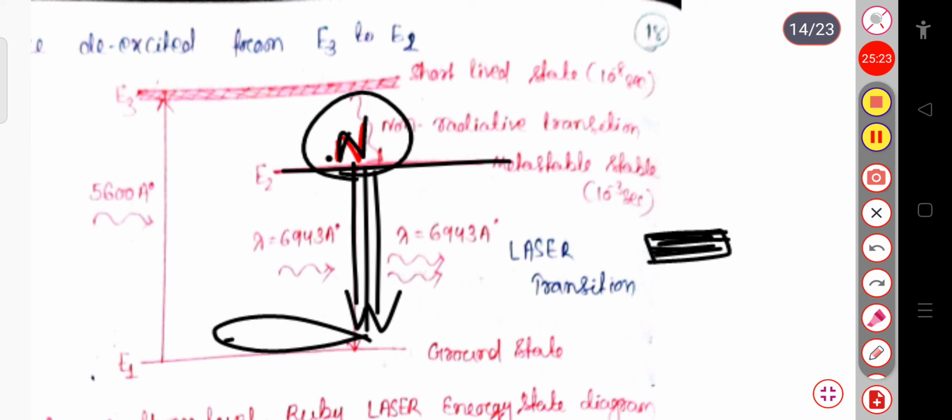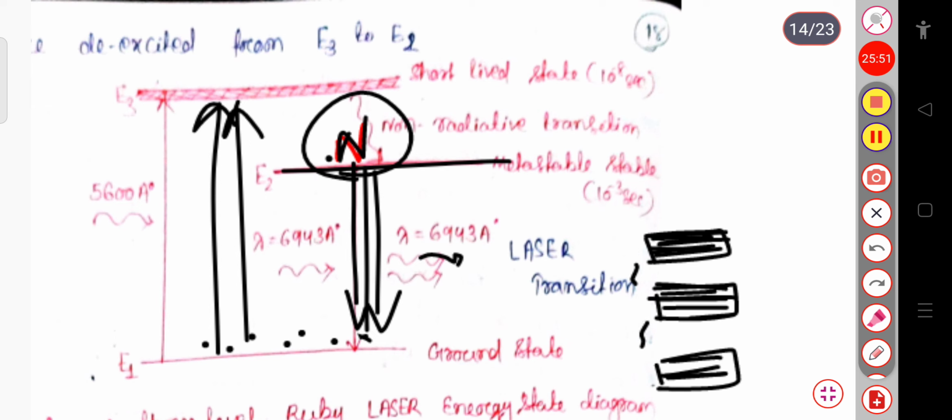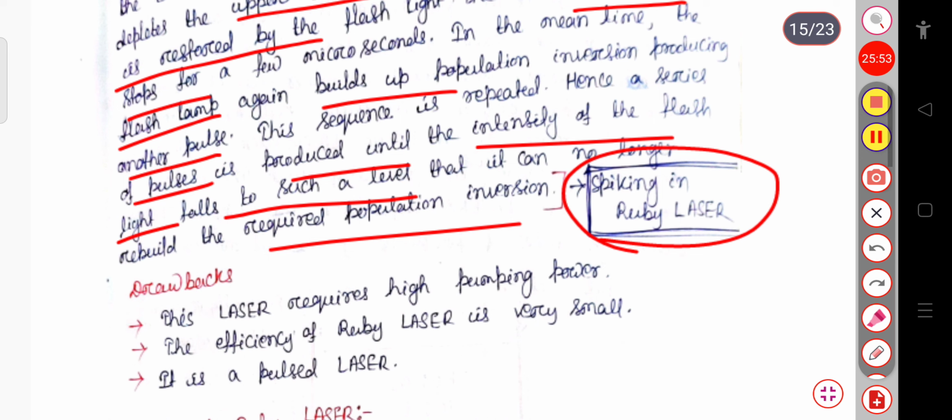But after the laser action, when the atoms are available in the ground state, the pumping process takes place again, the atoms get excited for the second time, the same process happens, and the laser action can be seen. After some time interval, you will again see the laser pulse, so there will be a gap between the two pulses. This is called the spiking in the ruby laser, so you will see a series of pulses in the ruby laser.